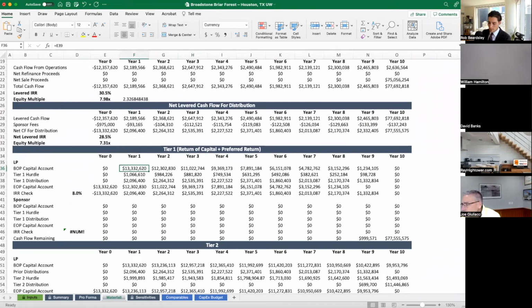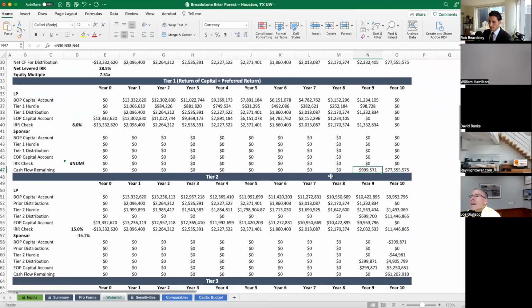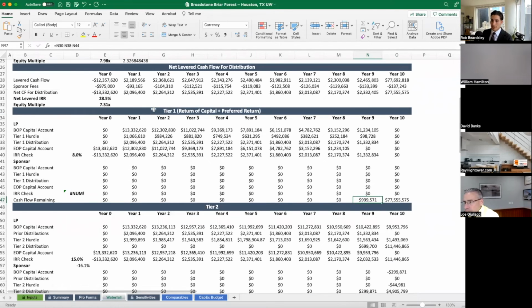It gets reduced from 13.3 to 12.3, 11, 9, 7, 6, 5, 3, 1. And then finally, we're able to pay it all off in year 9. So that would mean in year 10, everything, cash flow, refi, sale, anything is split 70-30. And that's what you can see prior to year 10, we already have money, $1 million, that is able to be moved on to tier 2. So that's why we can't just move on to tier 2. We have to satisfy tier 1.